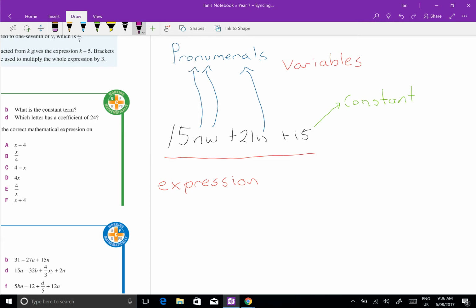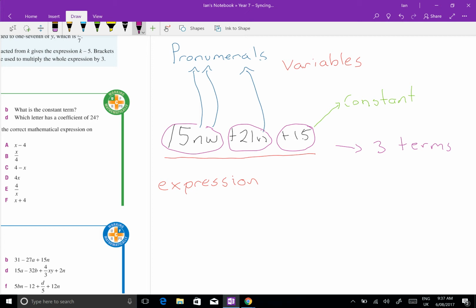There's the first one, 15NW. The second one, and see how I circled the plus sign as well, is plus 21N. And the third term is plus 15. So there are three terms in this expression.